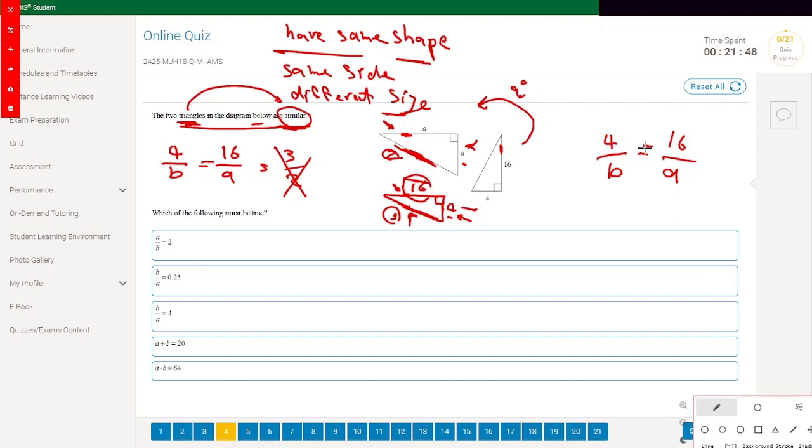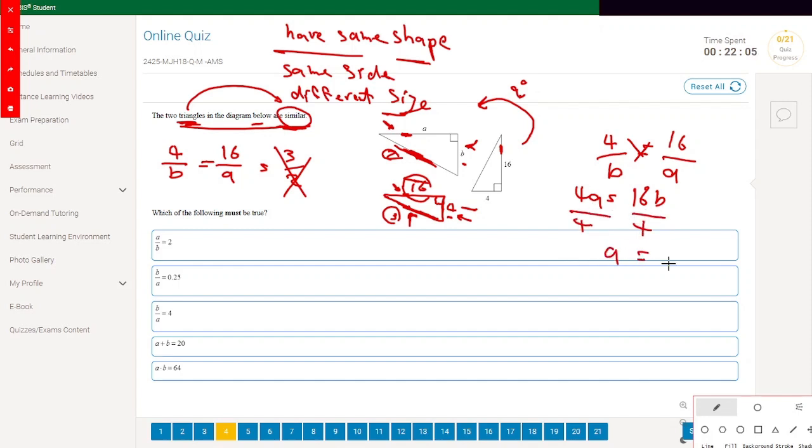So let's do cross multiplication here. I have 4a equal to 16b. Now let's divide by 4, divide by 4.